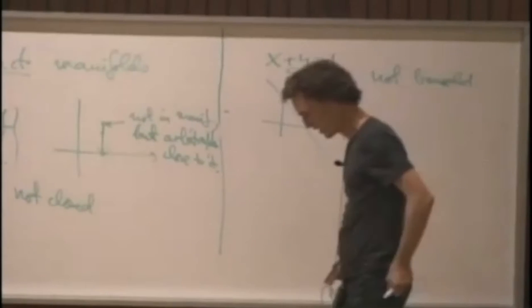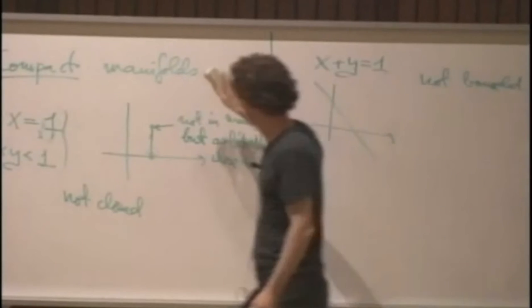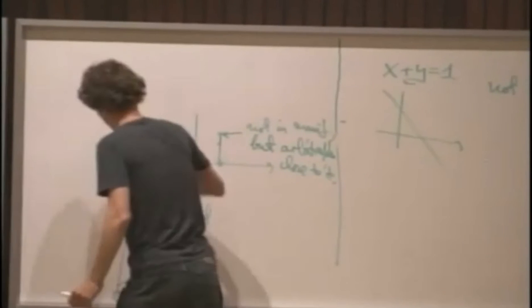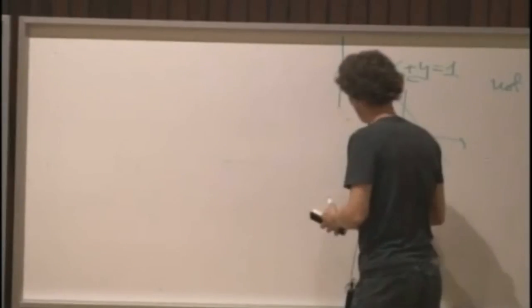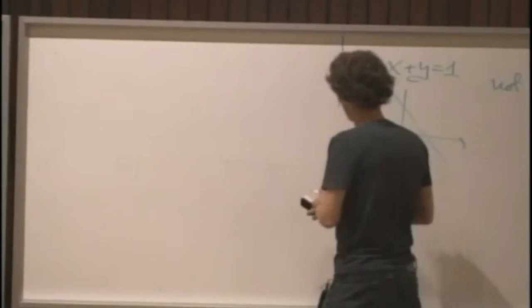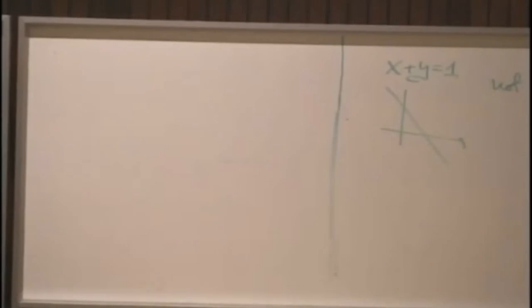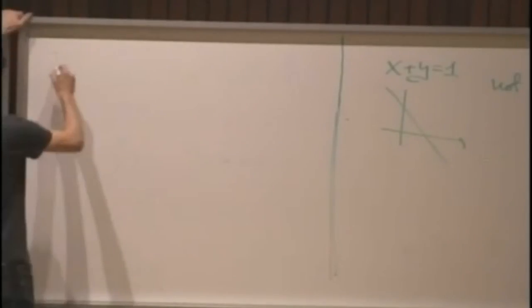Then you can pick one of them in your list and say, you can study the collection of manifolds that are diffeomorphic to that one. So it's sort of going in a different direction.